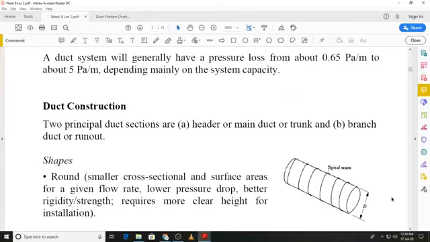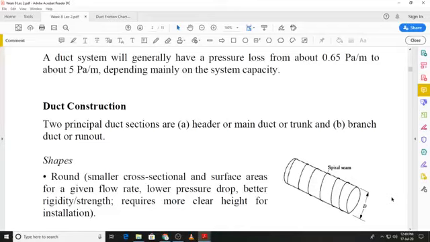Typically for a ducting system, the pressure loss is around 0.65 to 5 pascals per meter, and it will also vary whether we are talking about the main duct or the branches. We will look at that later on. If you look at the construction of duct, there are two principal sections of a ducting layout.